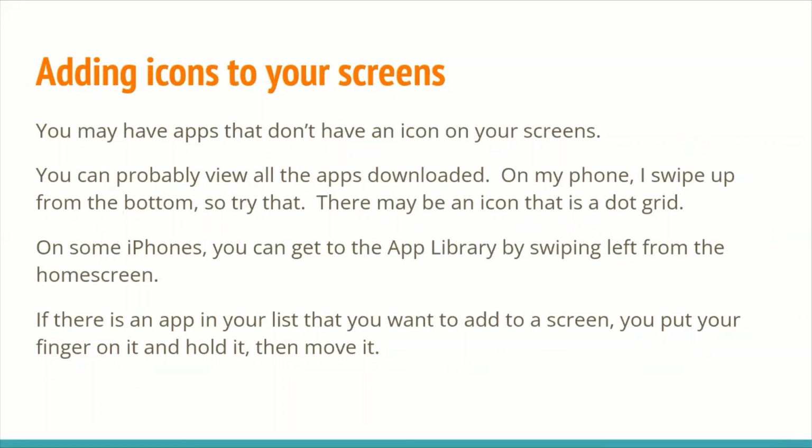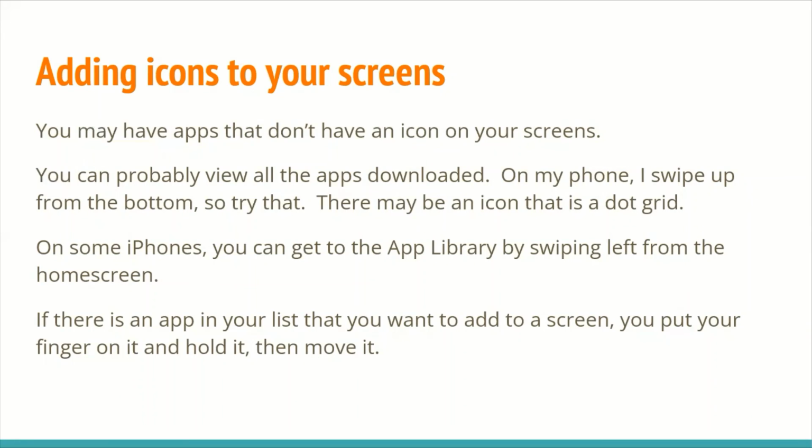So adding icons to the screens usually happens automatically when you download a new app. It will usually put an icon on the last screen that you have, and then you can move it to whatever screen you want. You may have something downloaded that doesn't have an icon on your screen, so you can usually look at all the apps you have downloaded.